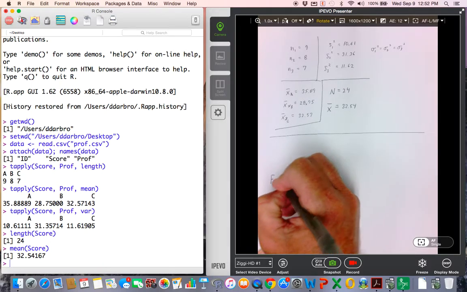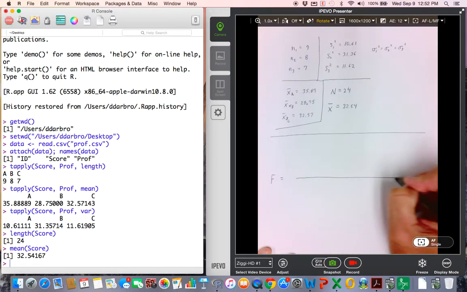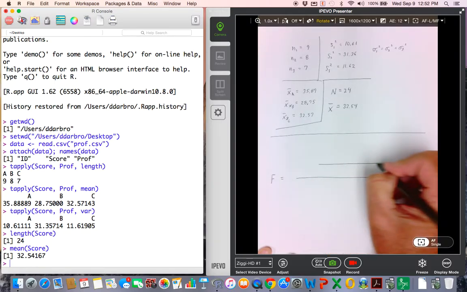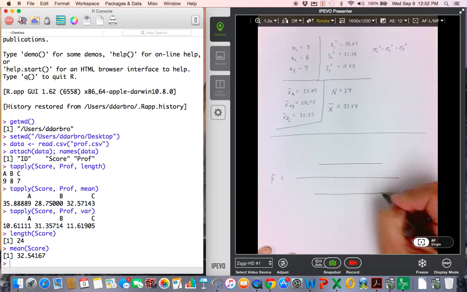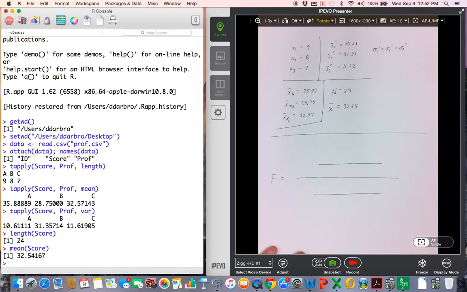So the F-statistic is going to be four parts.